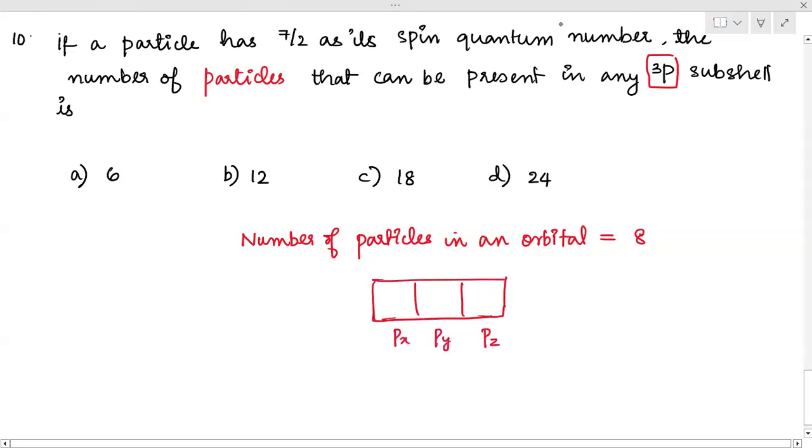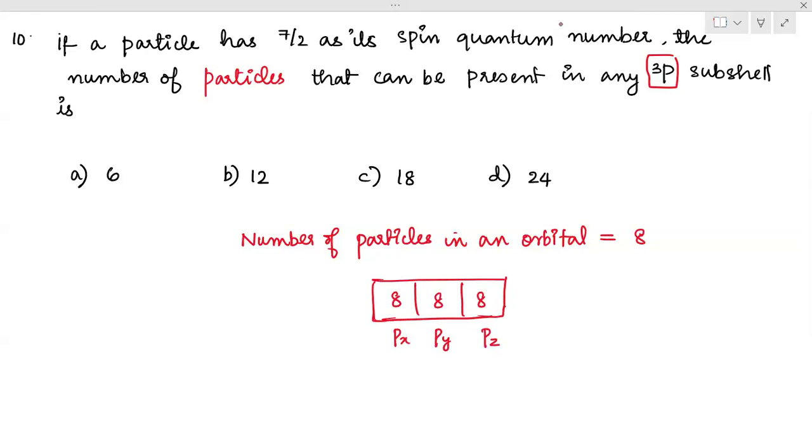Now, corresponding to all these 3 orbitals, 8 possible orientations are possible. That means each of these orbitals can accommodate 8 particles each, and hence the final answer is 8 into 3, 24. 24 particles.